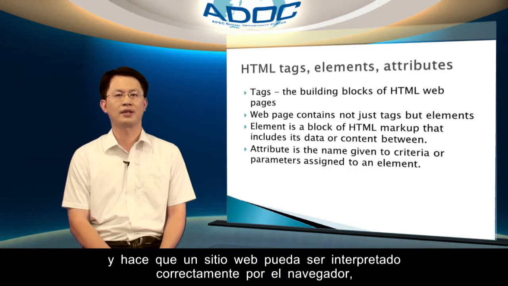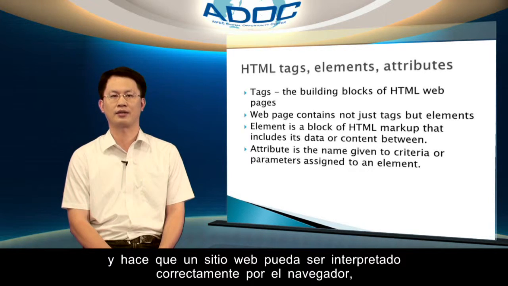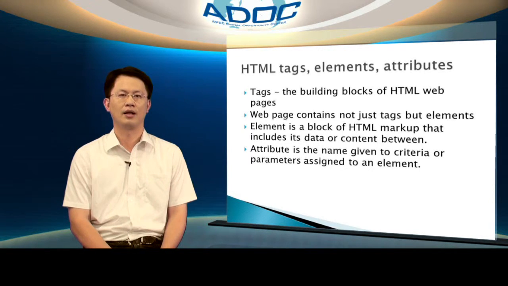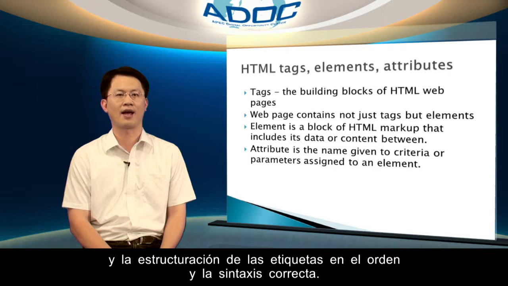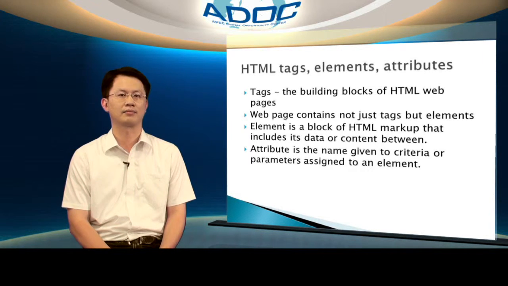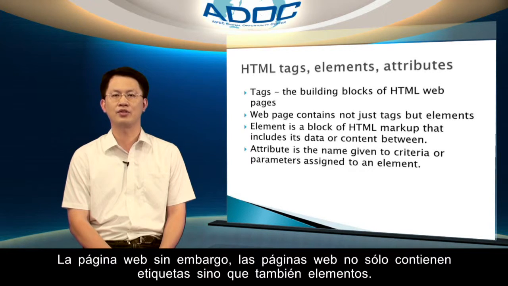And to make a website which will be interpreted by the browser correctly, it is important to understand the construction and the structuring of the tags in their correct order and syntax. But the web page contains not just tags, but elements.